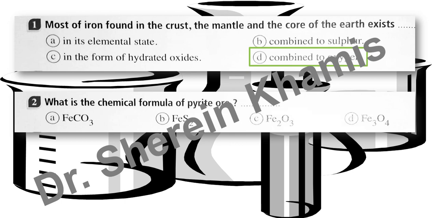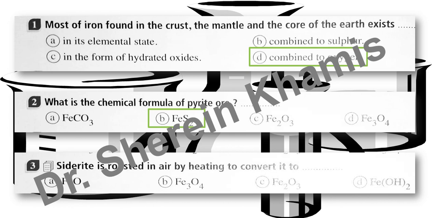Okay, we have here choice A, FeCO3 or iron 2 carbonate, iron 2 sulfide, iron 3 oxide, Fe3O4. Here we have four choices. Pyrite ore means it reacts with sulfur, so the right answer here will be FeS2. Okay, choice B is the right answer.